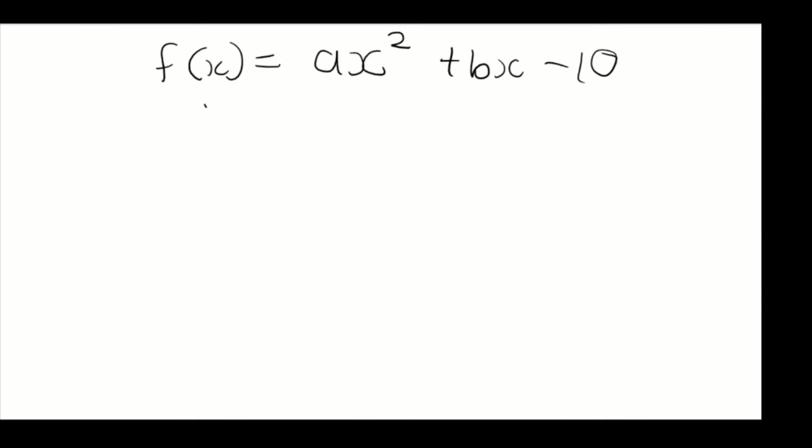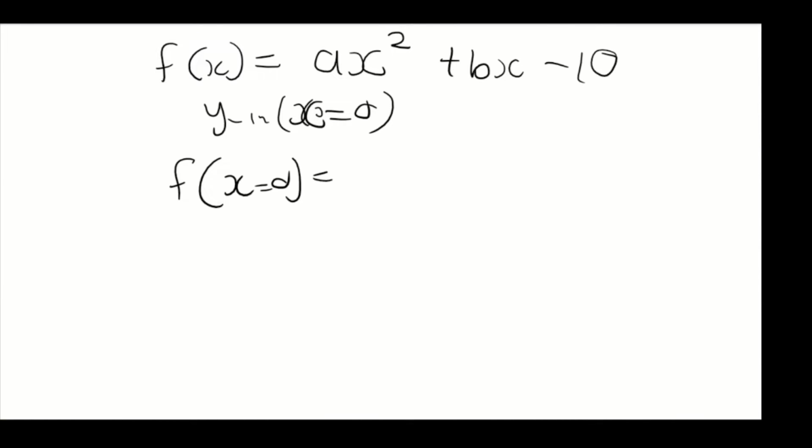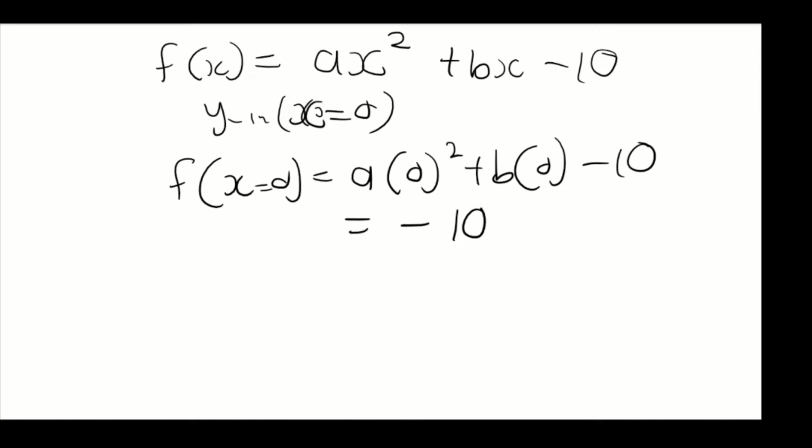So to find the y-intercept, when x is equal to 0, f of 0 is equal to a times 0 squared plus b times 0 minus 10. So the answer here would be minus 10. So the coordinates would be 0 and minus 10.